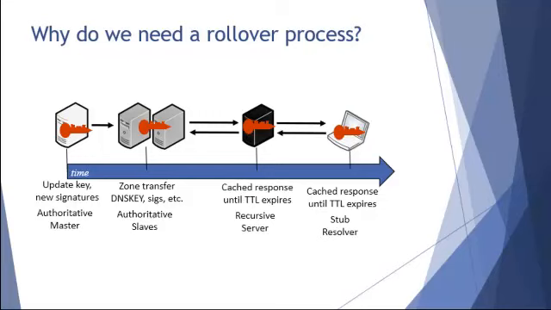Therefore, my recursive server and even my stub resolvers can cache both keys and attempt to validate using the first key, the old key. If that doesn't work, try the new key. And in that situation, I'm able to validate the information using one of the keys that the zone administrator has signed there as legitimate. So that's why we call it a rollover.